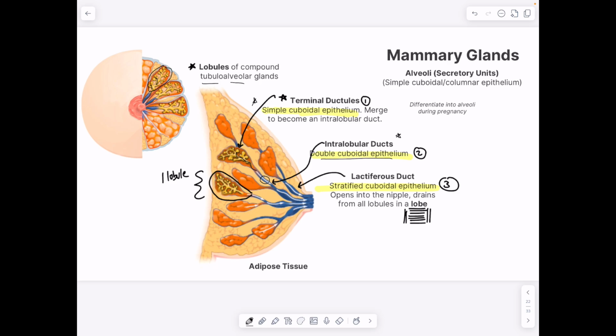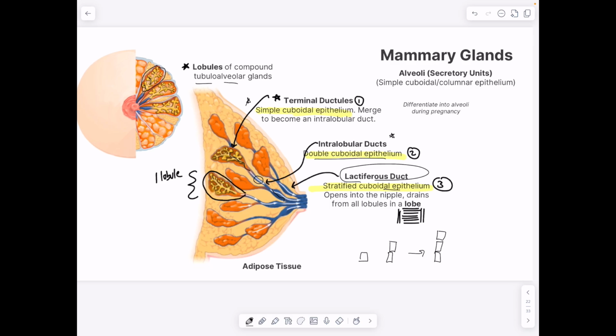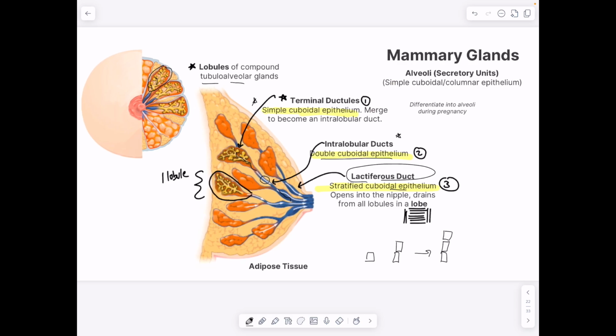And then those will come together to be our lactiferous duct, which is going to be stratified cuboidal epithelium. So basically we're going from one to more and more layers of cuboidal epithelium. All right, so lobules, terminal ductules, intralobular ducts, lactiferous duct.